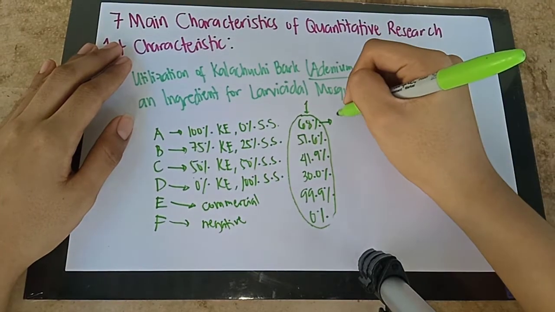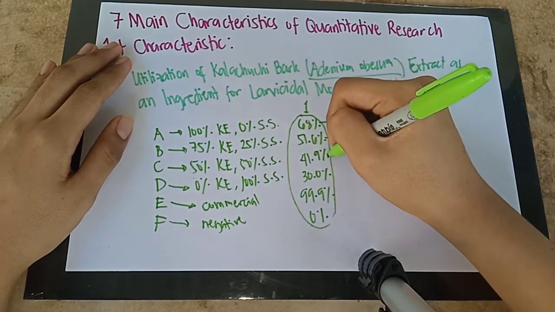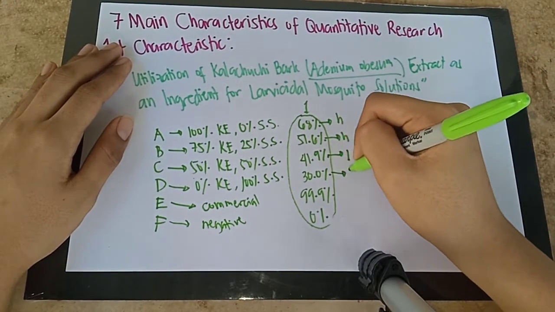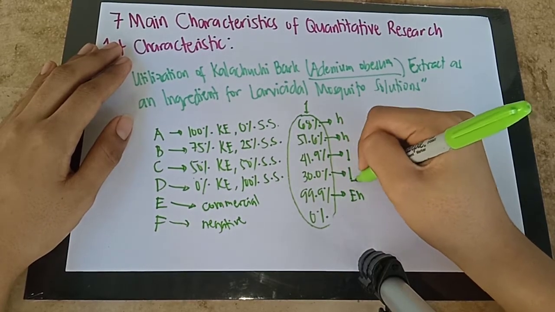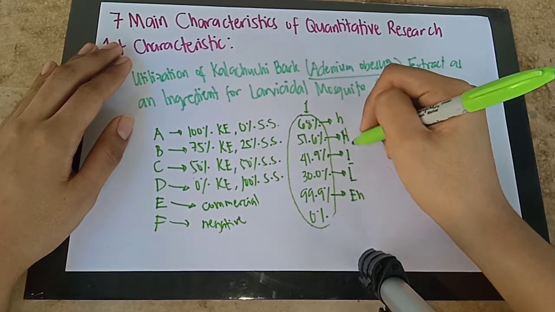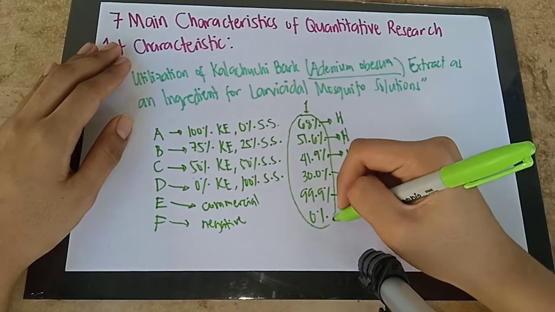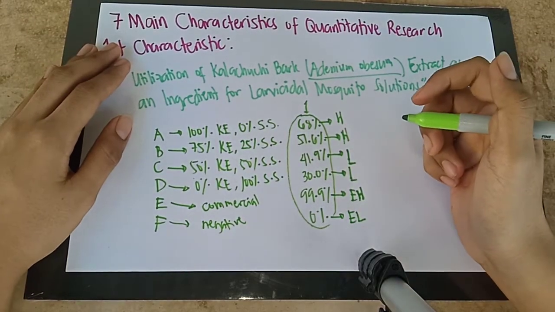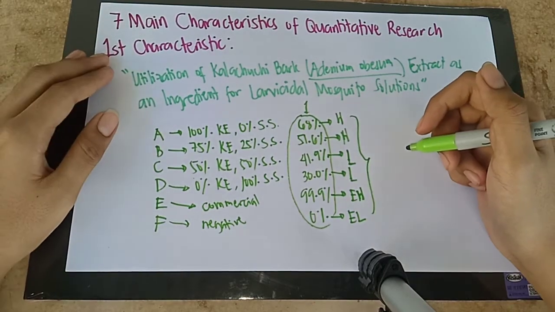It is high. 51%, it is high. 41%, it is kind of low. 30%, low. 99%, extremely high. And 0% is extremely low, or not effective at all. So, meaning to say, there is a variation of effectiveness.